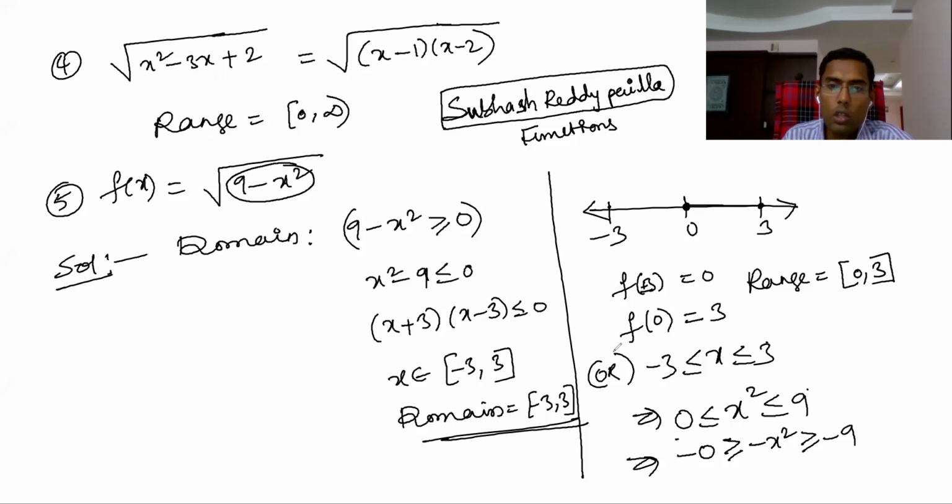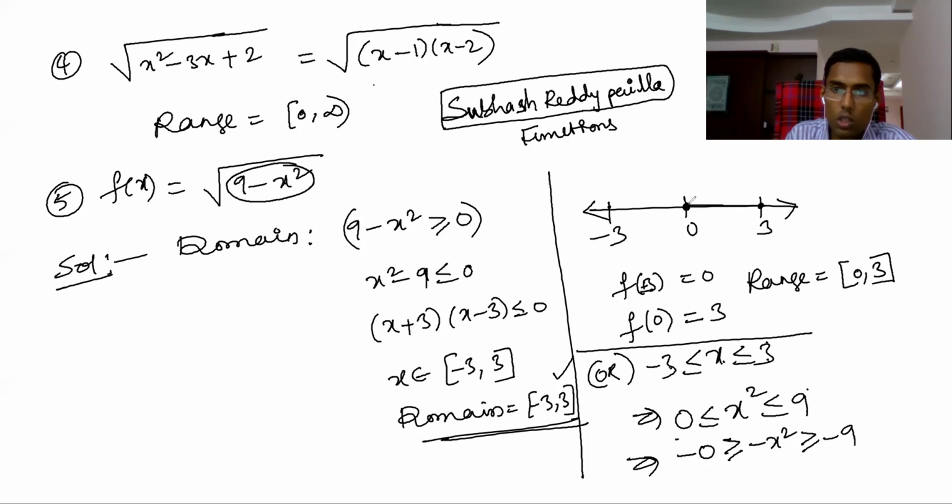So this is the process. You find the domain. After finding the domain, you take the domain, which is minus 3 to 3, then find the range. That means you know the x value. If you know x, how do you find x square? You square both sides. Minus 3 whole square is 9, 3 square also 9, so the maximum is 9.